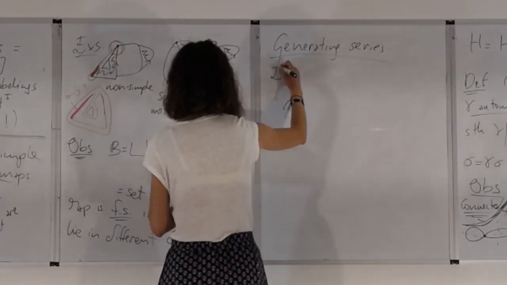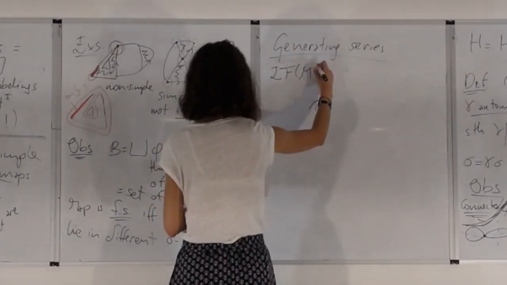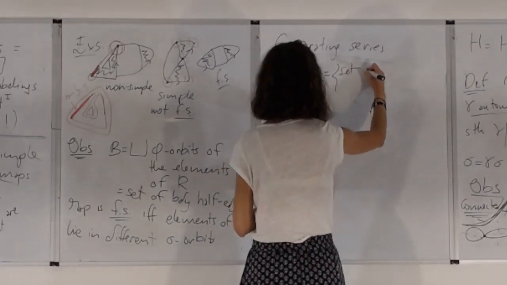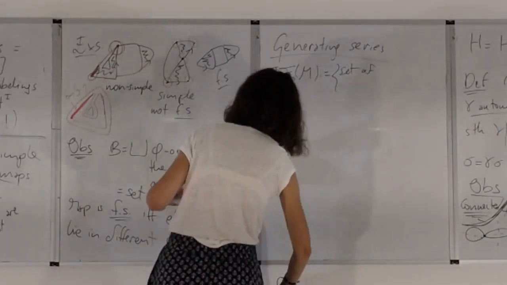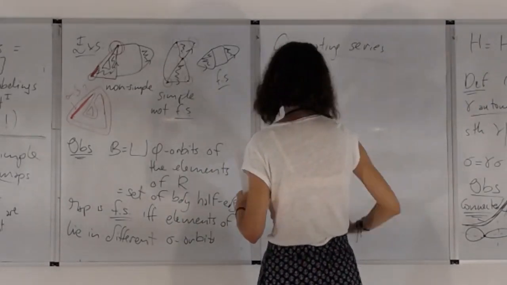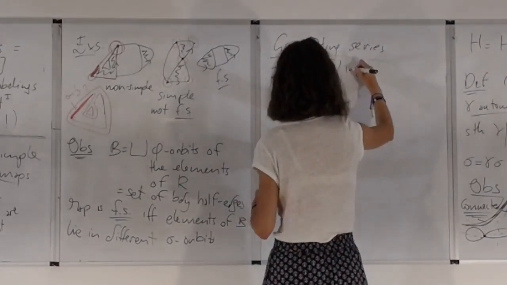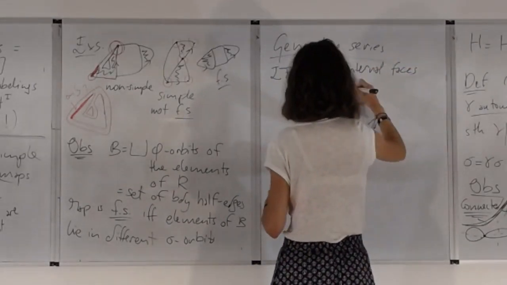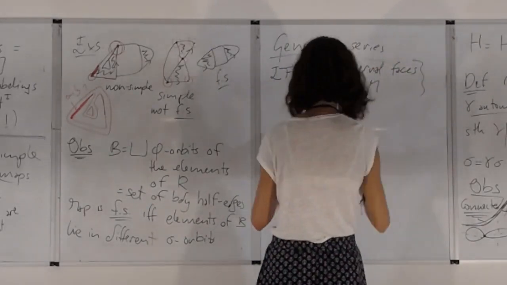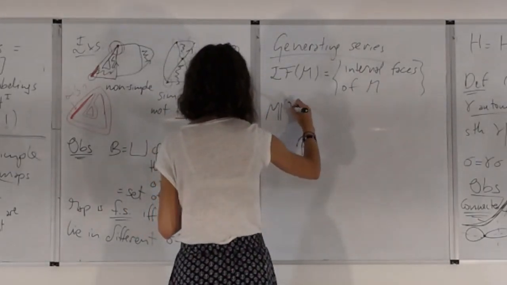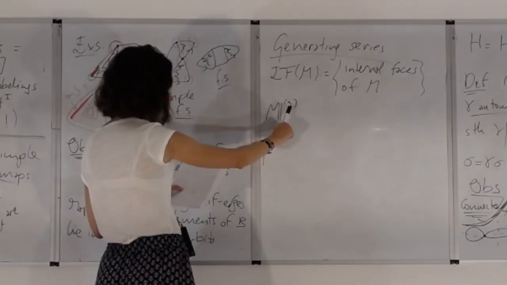So we consider IF of M to be the set of internal faces of M. Then I'm considering a set of graphs in which we fix the topology, G and n.